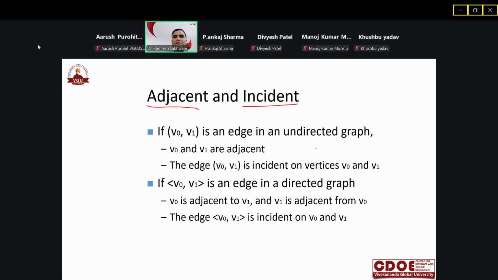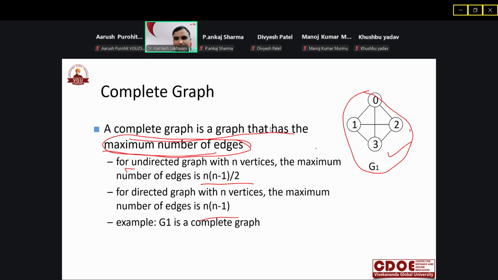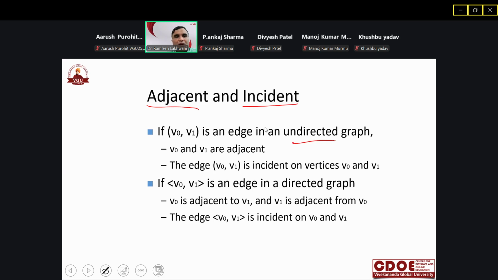For example, if V0, V1 is an edge in an undirected graph, there is an edge between V0 and V1, and there is no direction, so it is an undirected graph, then we can say V0 and V1 are adjacent nodes. So here you can say V0 and V1 are two adjacent nodes. These are the adjacent nodes.